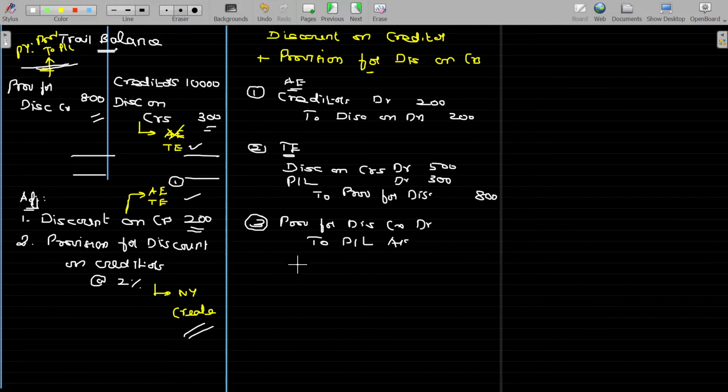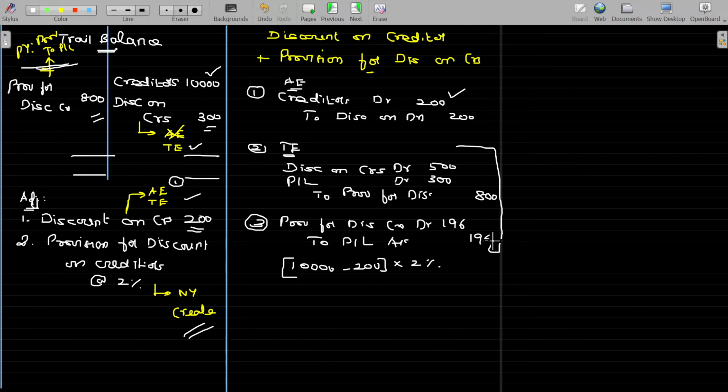How much is that? 10,000 rupees is the existing creditors. Before you pass the entry for the third, you have to make all the adjustments related to the creditors. Here is a creditors amount, rupees 200. That should be subtracted. If I open the creditors account, from 10,200 rupees subtracted, we have only 9,800. On that 9,800 only, we have to create the provision at the rate of 2%. 196 will be the value.